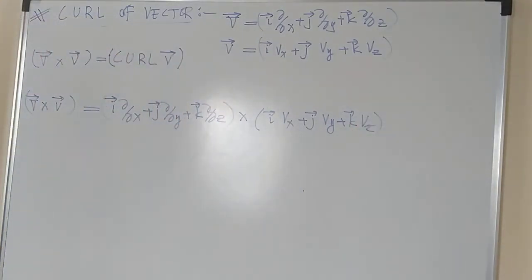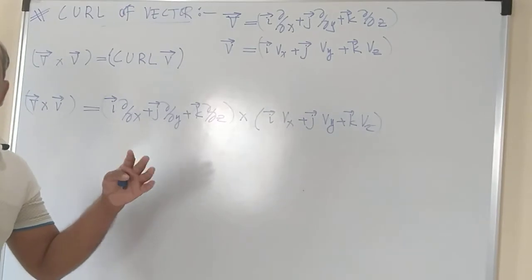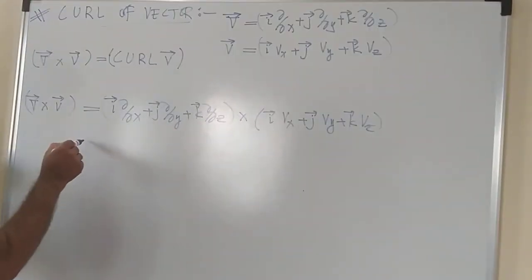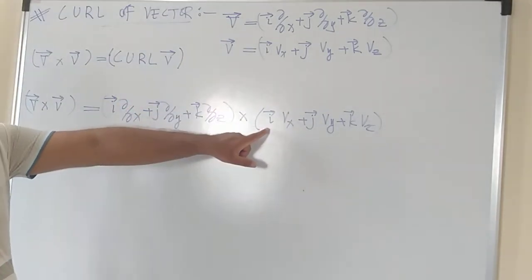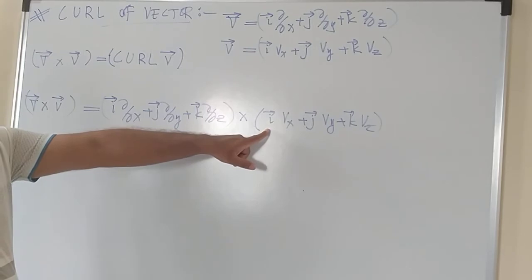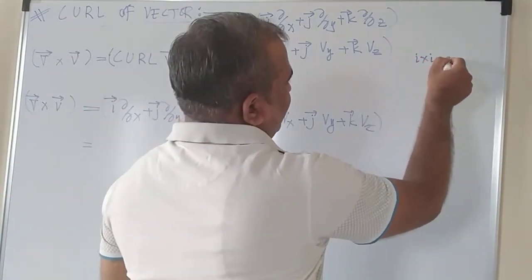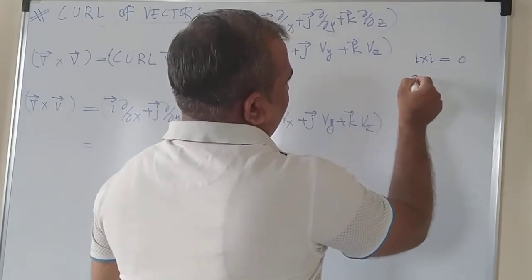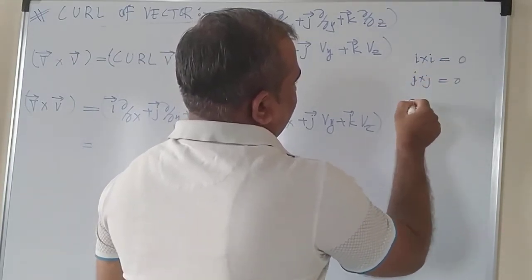If you do the cross product of these two, then you will get the next vector quantity, isn't it? So I can go in this way. i cross i is equal to 0, right? The cross product of a vector with itself is 0.